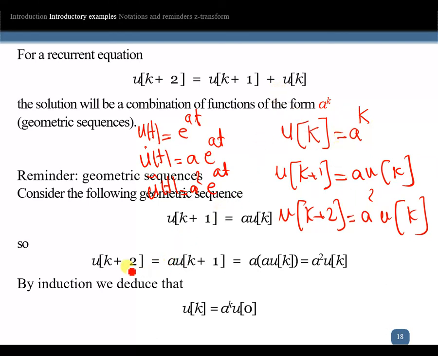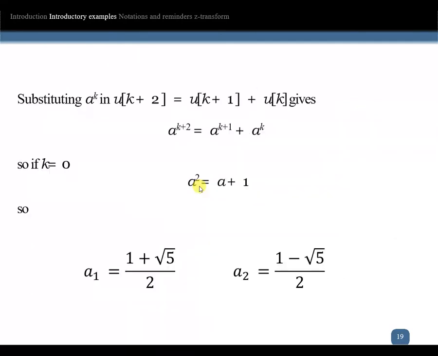You can find the system that they show here, a^(k+2), a^(k+1) and a^k, and that means u(k+2) I substitute by a² u(k). Here I substitute by a u(k), and here is u(k).